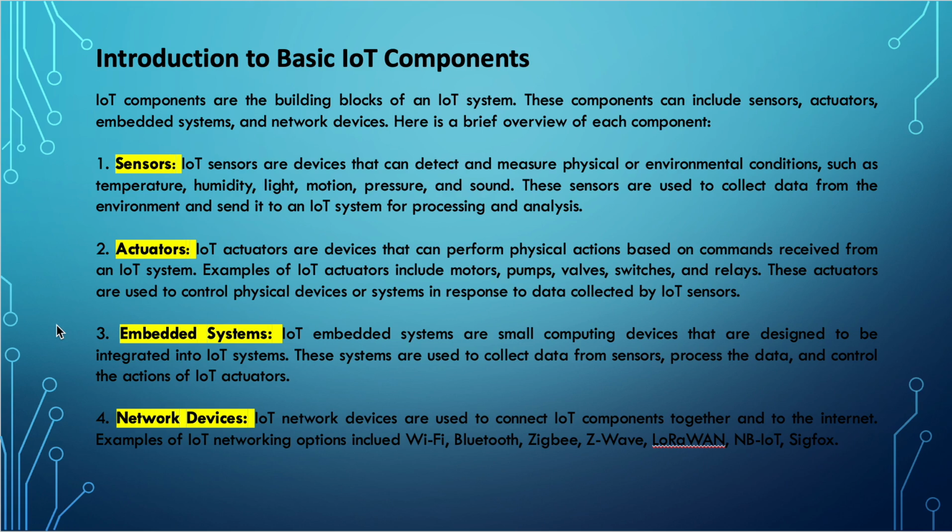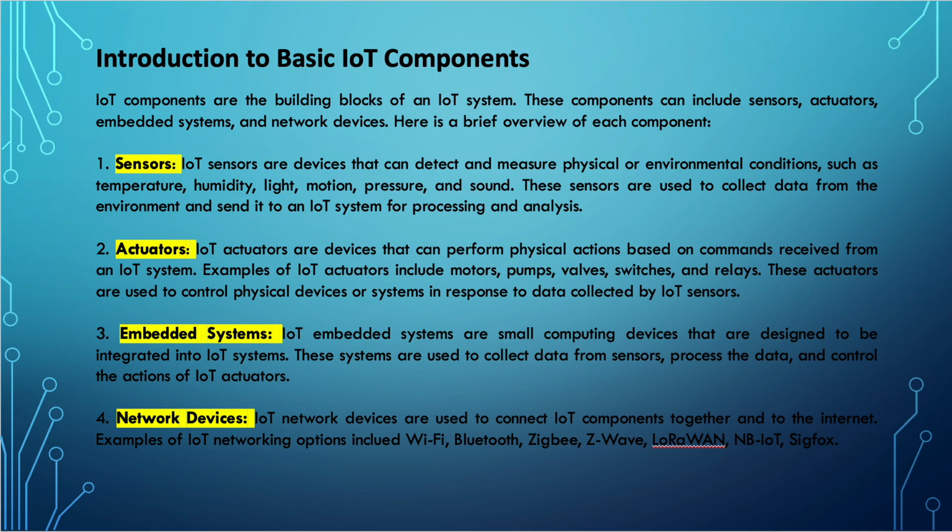When we say the word component, that in itself means that there's a hardware portion to it, a physical portion to it, there's an object to it. We can see it, we can touch it. It's not like software, right? So we are going to talk about hardware components, which are the basic hardware components when creating an IoT system.